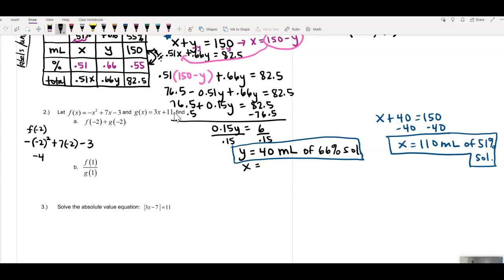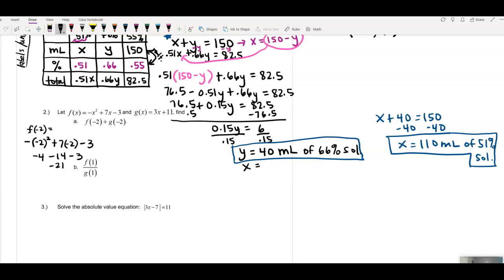Then 7 times negative 2 is negative 14, and then minus 3, right? And so now you just need to put all of those together, right? So negative 18, and then negative 21, when you add all of those together. All right, so that's just my f of negative 2 part.